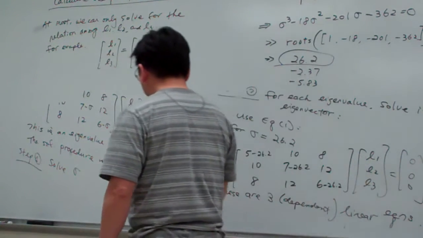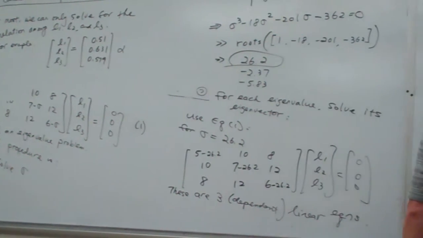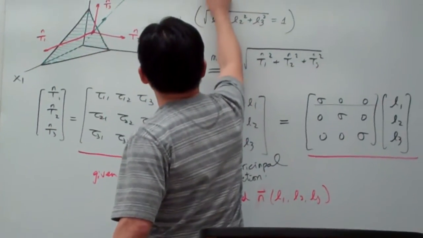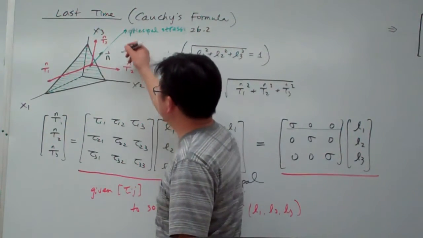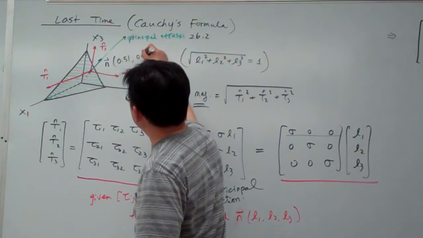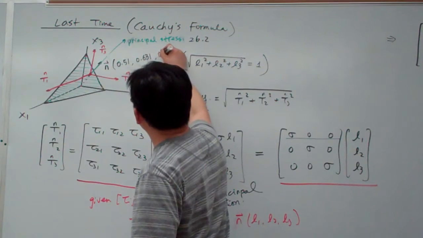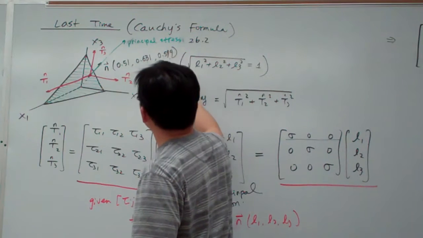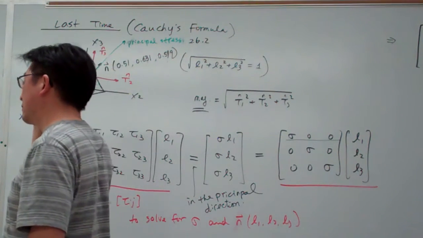In terms of our notation, the first principal stress will be equal to 26.2, and the direction is, for example, 0.51, 0.631, and 0.579.